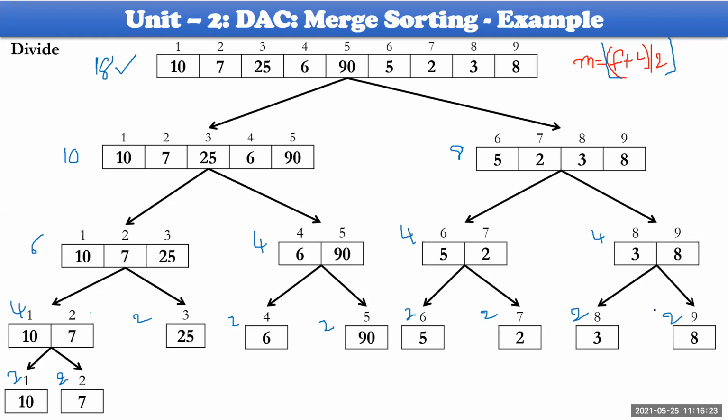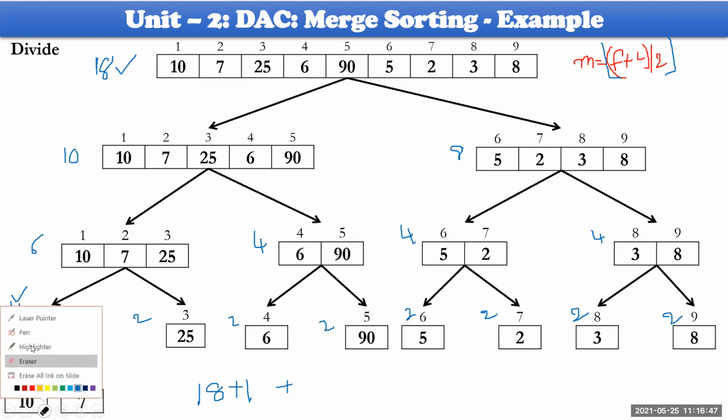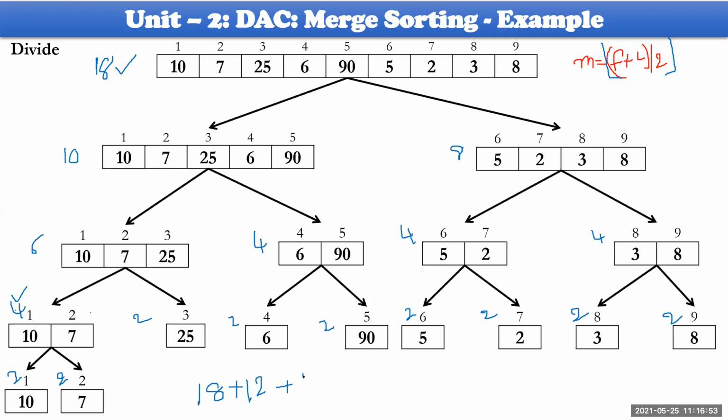Look at this: 1, 2, 3, 4, 5, 6, 7, 8, 9. 18 bytes at the leaf level, plus 4 bytes, and 4, 4, 4, that is 12. Let me write directly 12 over there, and here it is 6, and here 6 is required. Here it is level 1, so 18 bytes, and level 0, 18 bytes.